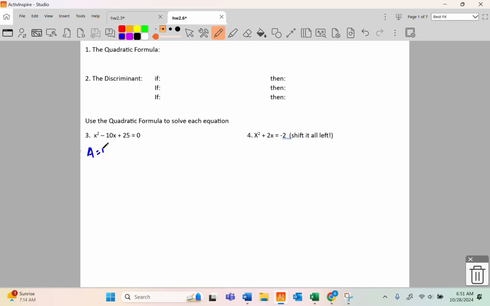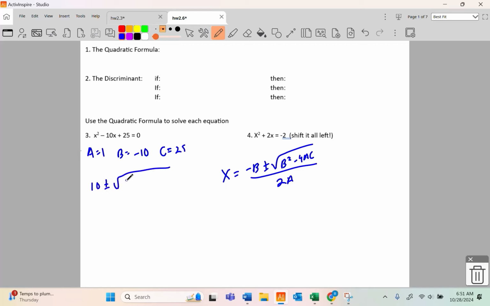Your a is 1, your b is negative 10, and your c is 25. And again, your formula is x equals negative b plus or minus square root b squared minus 4ac all over 2a. So opposite of a negative 10 is a positive 10, plus or minus. Now here's something a lot of y'all will make a mistake on. You might wrap it on paper, but you'll forget the parentheses in the calculator.